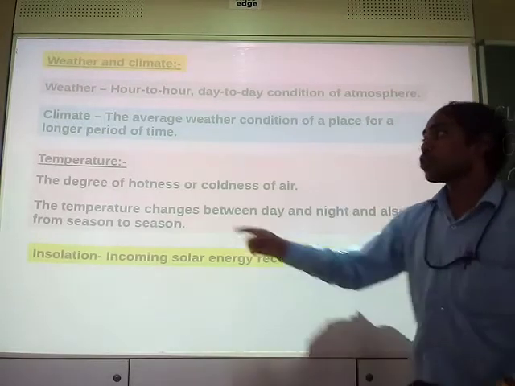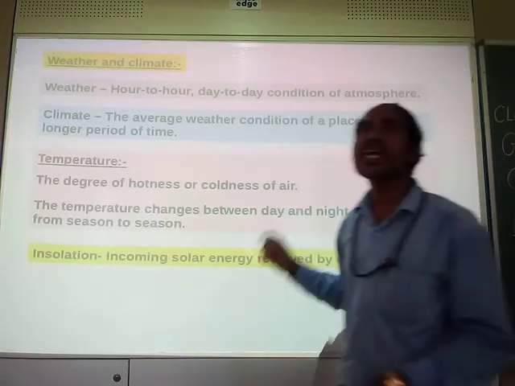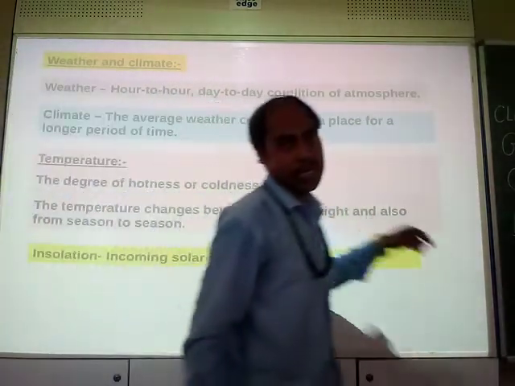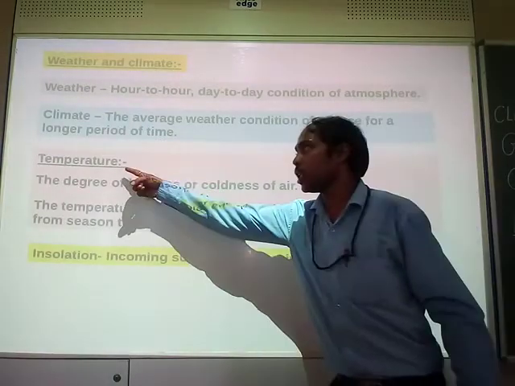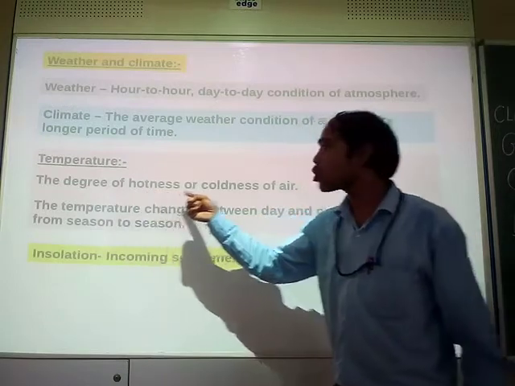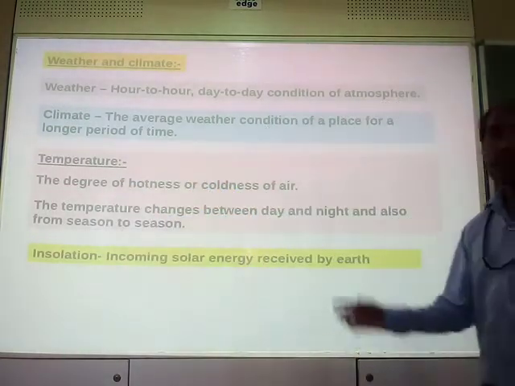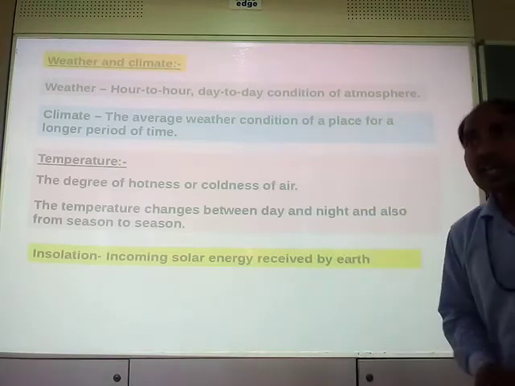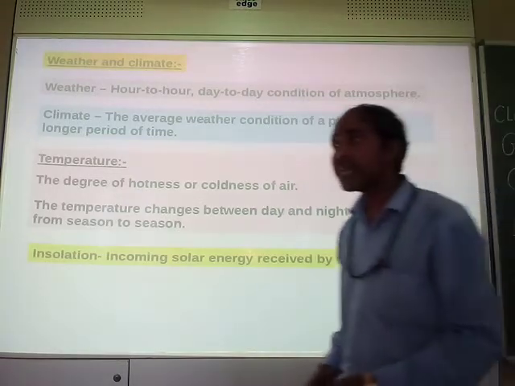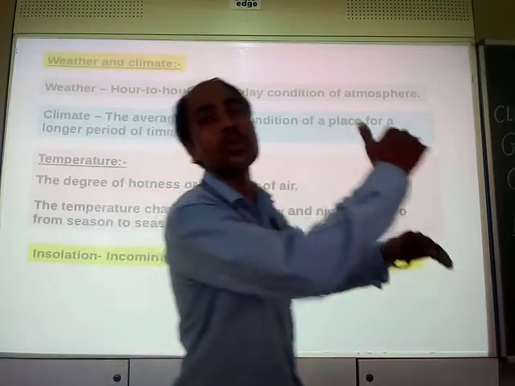The degree of hotness or coldness of air is called temperature, or simply you can say the degree of hotness or coldness is temperature. The temperature changes as usual. The day temperature is different, night temperature is different. Also, the temperature changes from season to season.